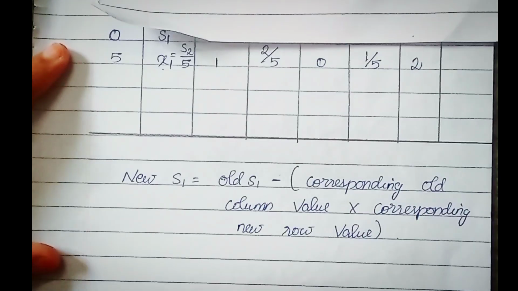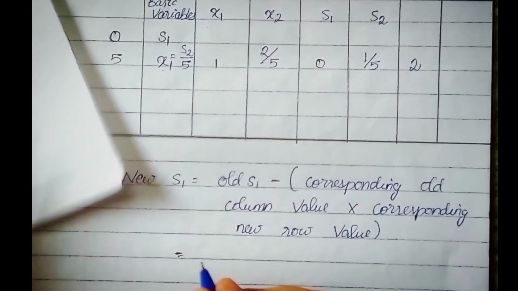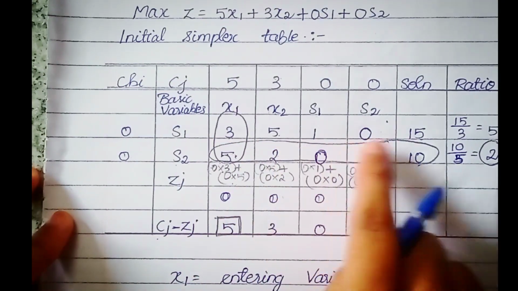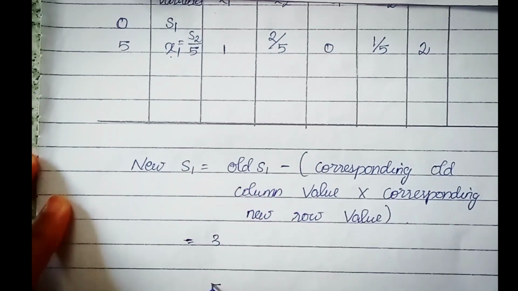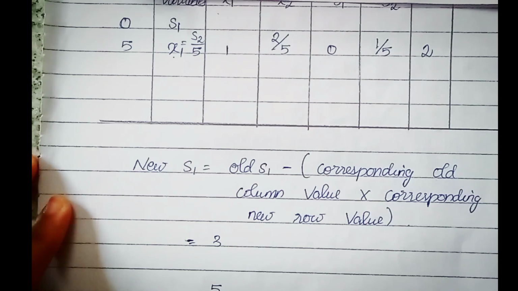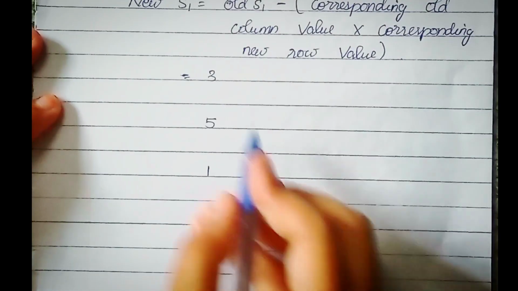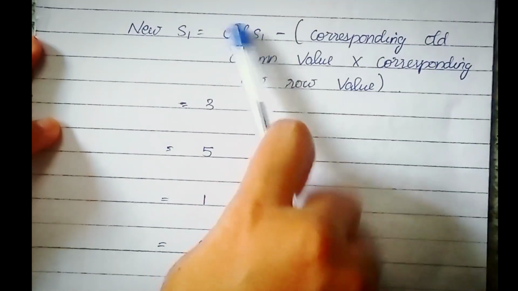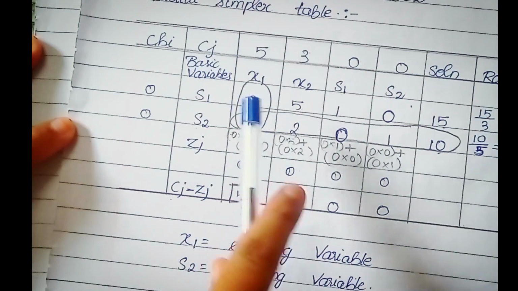It is nothing but the old S1. Let us take the old S1 as 3, 5, 1, 0, 15.